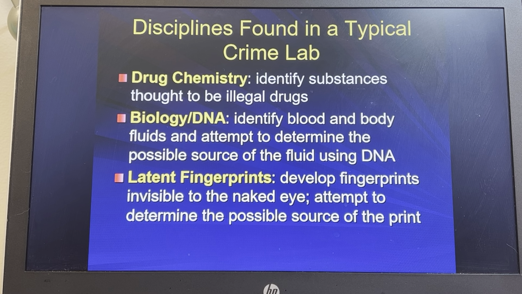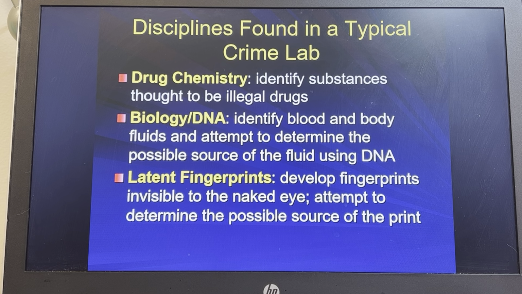Okay, the only discipline that normally you have in conjunction with the medical examiner where autopsies are being done is toxicology, because normally toxicology is done on blood and body fluids from people who have died. So it makes sense to have it connected to the medical examiner's office. Okay, but normally a crime lab, no autopsies, no forensic medicine being done there.